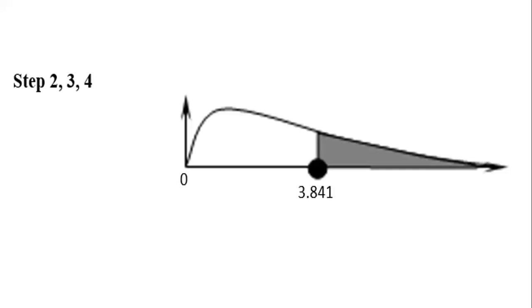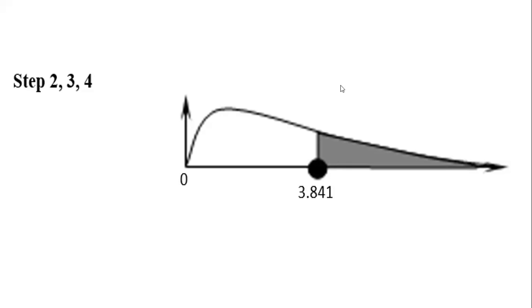Since we are taking a critical value approach, the critical region has to be identified. For a chi-square test, the critical region is on the right side of a curve that is skewed to the right. The critical value is placed at the critical point, 3.841. Zero is at the beginning of the number line, and this takes care of steps 2, 3, and 4 in a chi-square test for independence using the critical value approach.